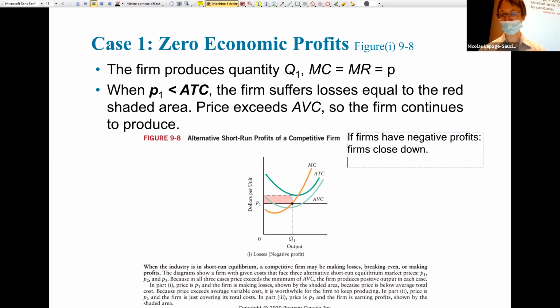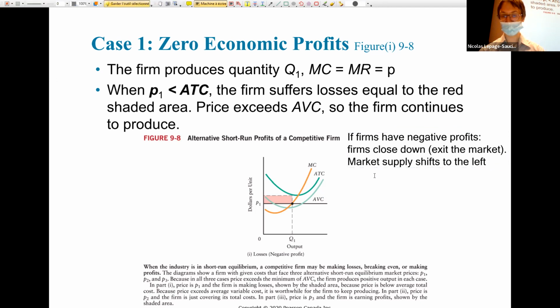So if firms close down, or the nice way of saying it, exit the market, then what happens? Well, the market supply becomes smaller. So market supply shifts to the left.